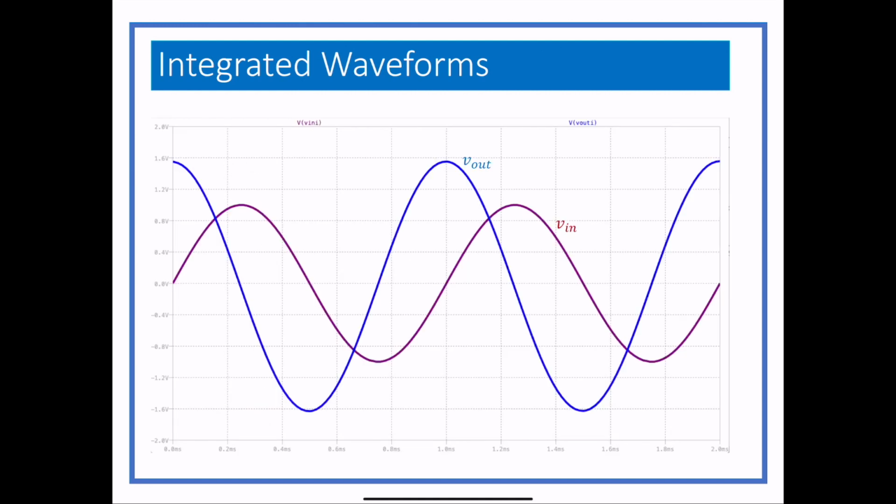We end up with the right gain, and we end up with the right shift. So the sine waves aren't so interesting because they basically come out looking like sine waves again. Square waves are much better. Square waves are more interesting. Square waves are kind of where it's at.